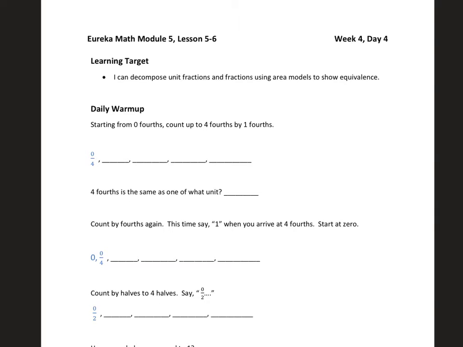So for our daily warm-up, we're going to start from 0/4, and it says count up by 1/4 to 4/4. So we're going to start at 0/4, which is what they did first. Okay, so we know that what comes next is 1/4.